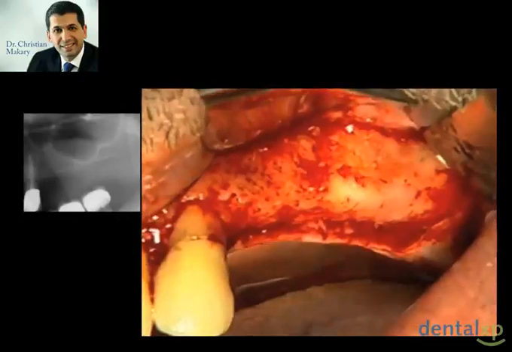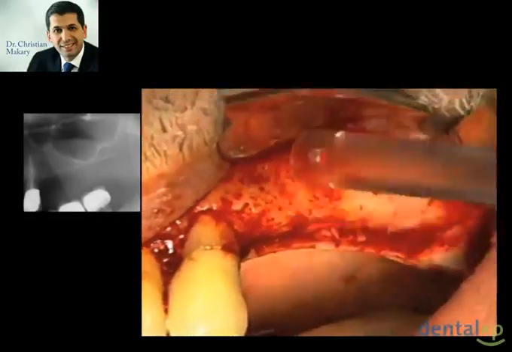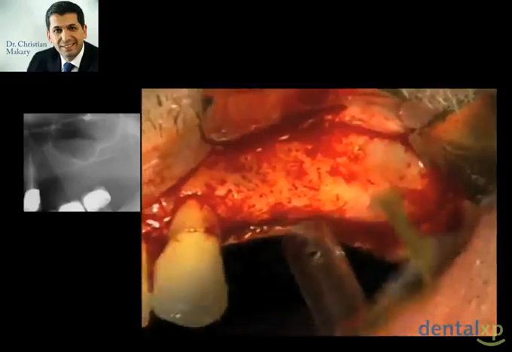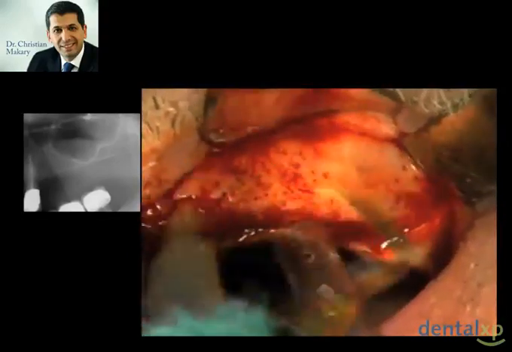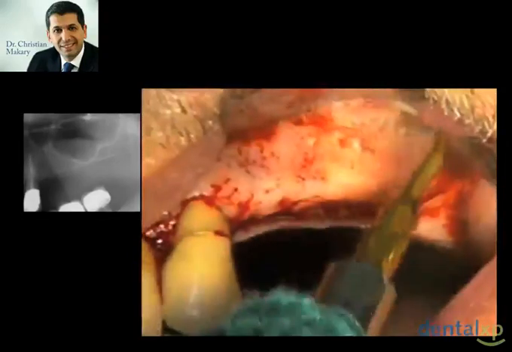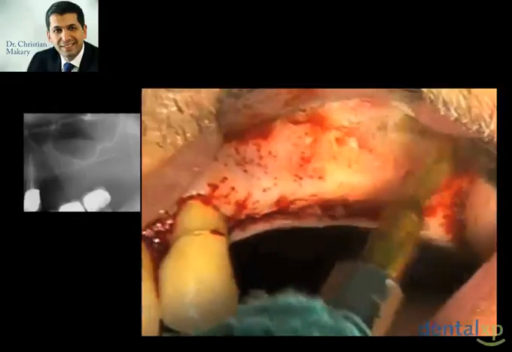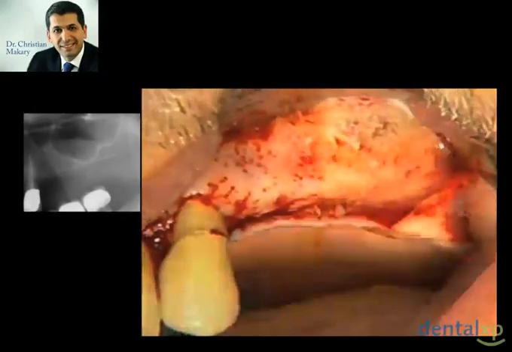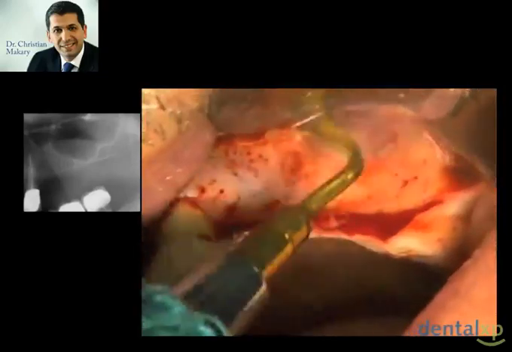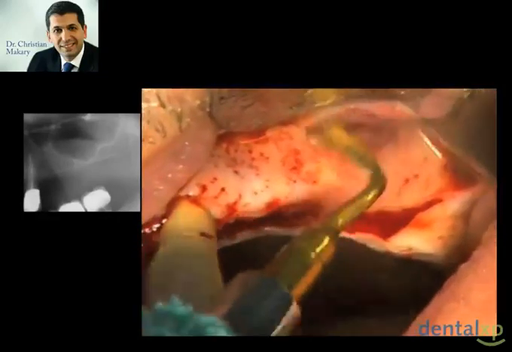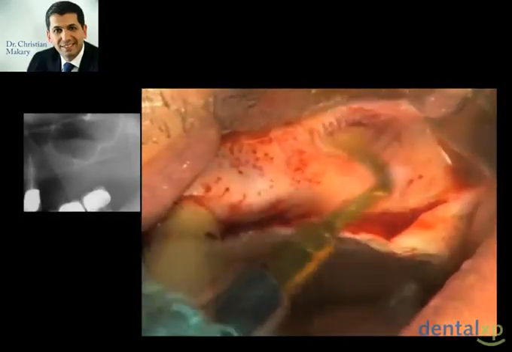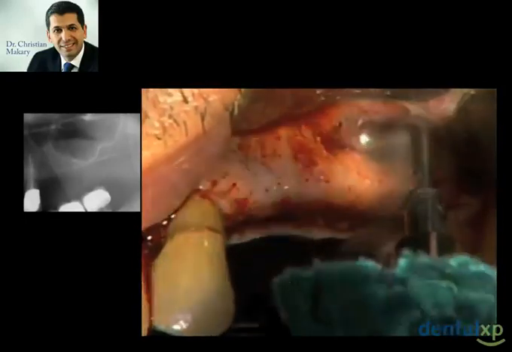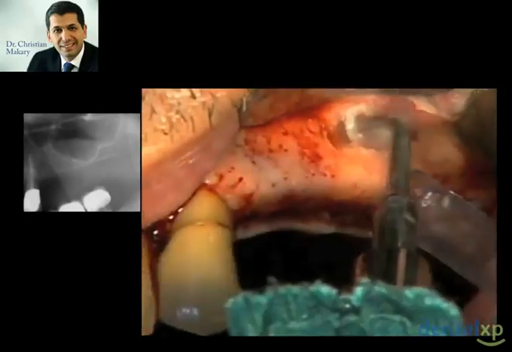So if we follow this surgical video, once we access the bony wall of the sinus, we start with a piezoelectric bone surgical device to do a thinning of the bone, of the buccal plate, in order to access the Schneiderian membrane. And this is done usually with this type of inserts in order to avoid a higher rate of membrane perforation that happens with drilling instruments.